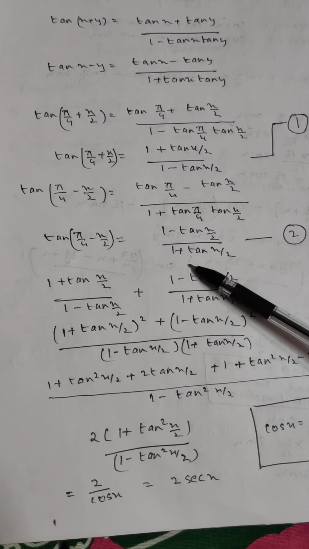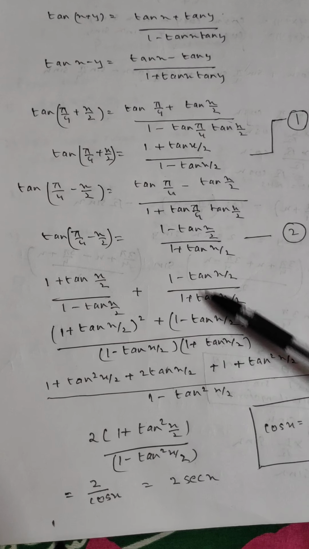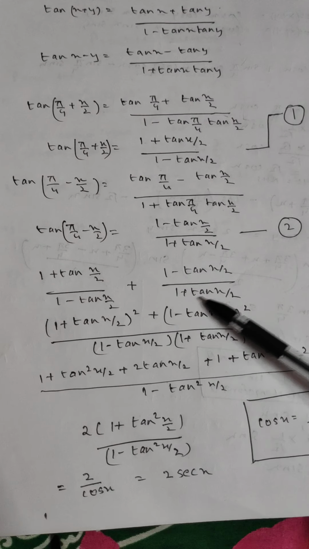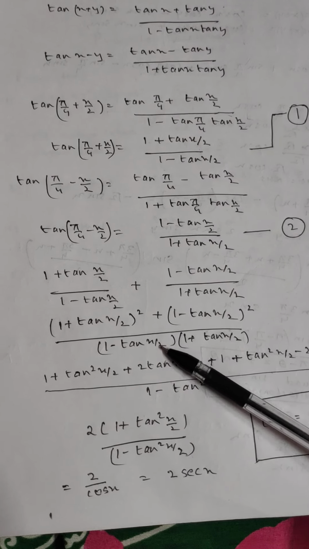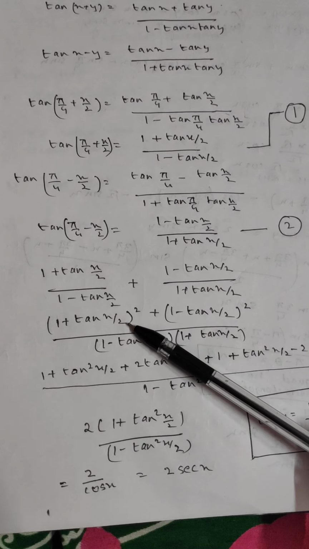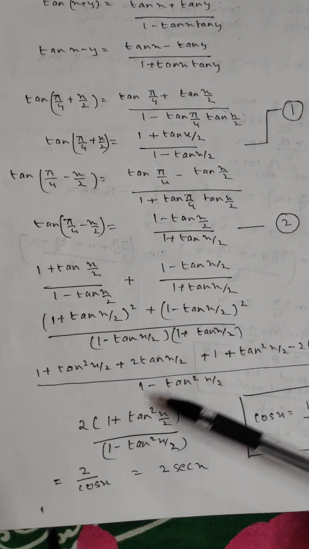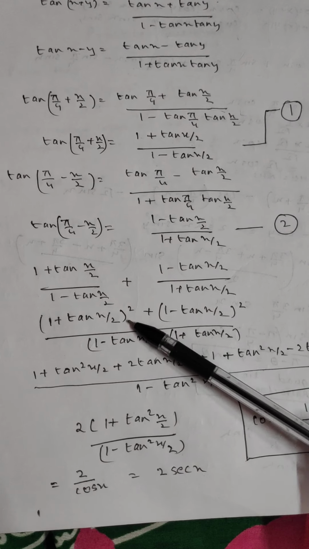They are cross multiplied: (1 plus tan x by 2) whole square, (1 minus tan x by 2) whole square, and the denominators are multiplied: (1 plus tan x by 2)(1 minus tan x by 2). We use the formula (a plus b) whole square, (a minus b) whole square, and (a minus b)(a plus b) is a square minus b square. Let us open them.